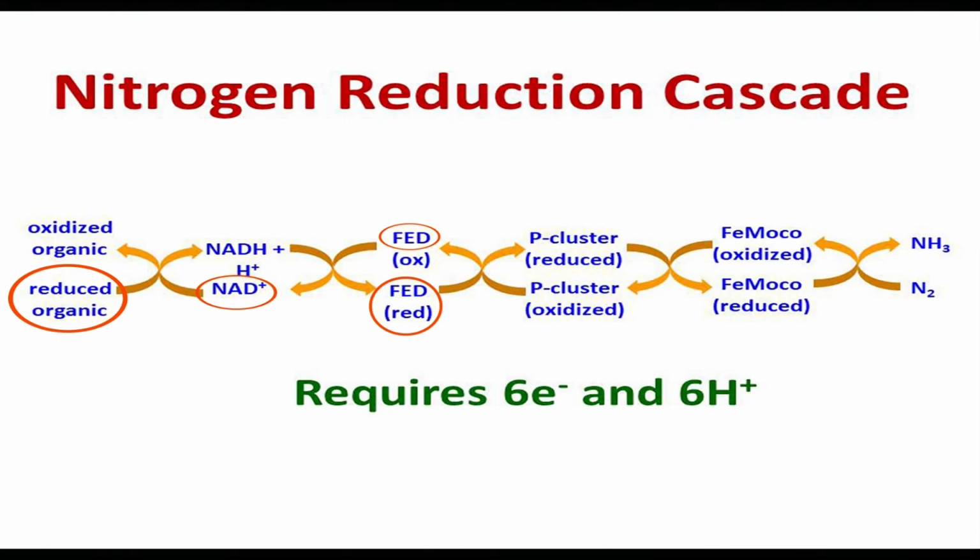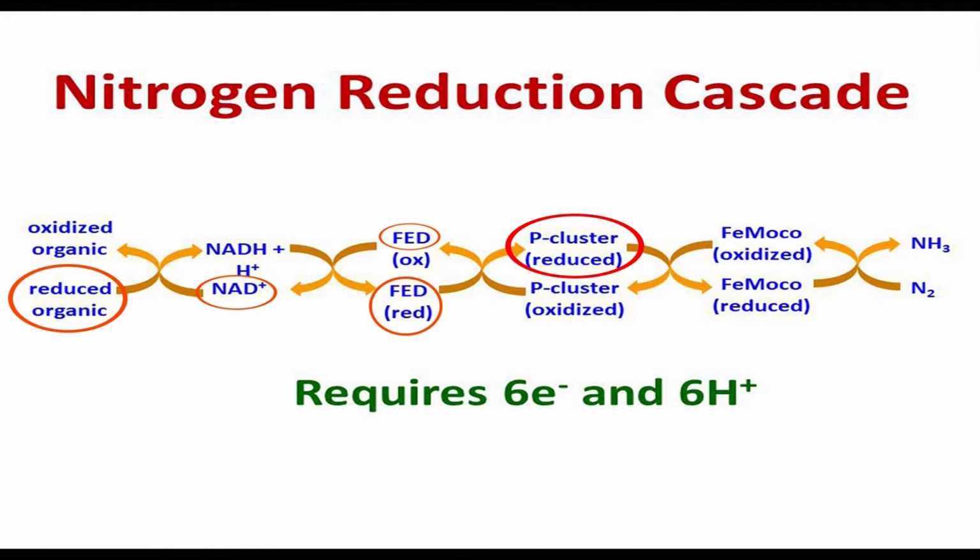Now, the ferredoxin, which is in the reduced state, then gives electrons to the P cluster, and the P cluster gets reduced, at the same time ferredoxin gets oxidized. So, one gets oxidized, one gets reduced, and they are all coupled.